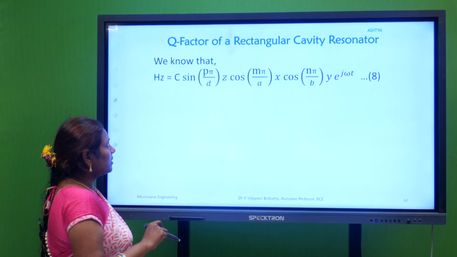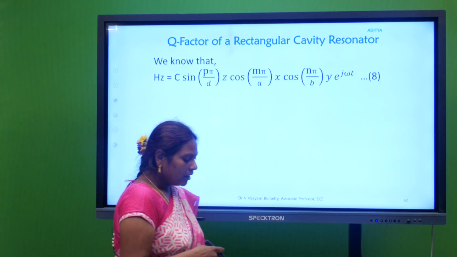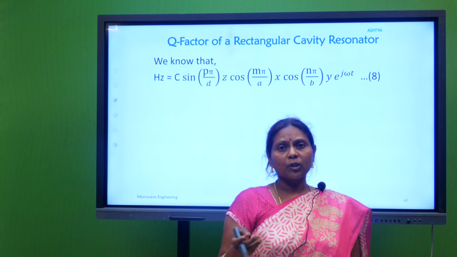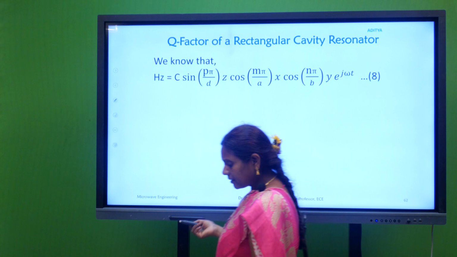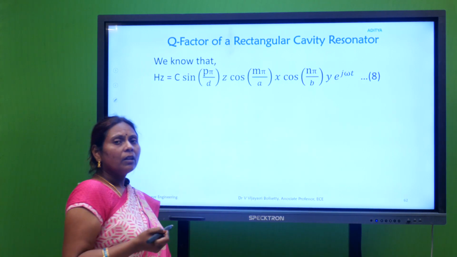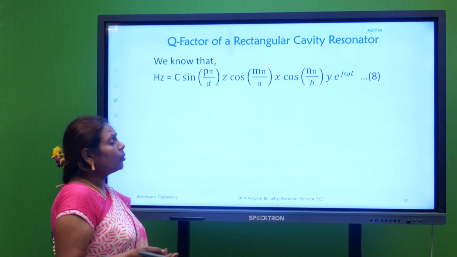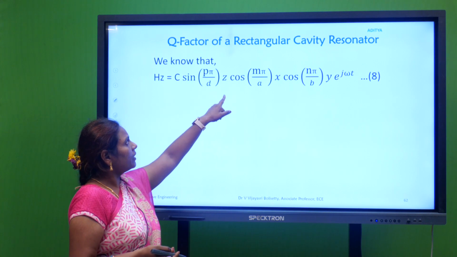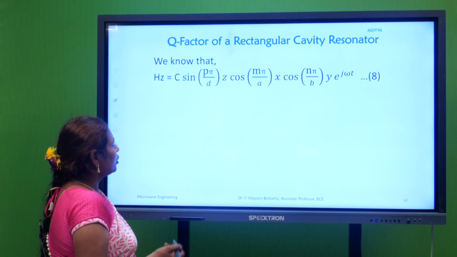So first let us see the Q factor of a rectangular cavity resonator. For this, let us see what mode is propagating through this rectangular cavity resonator, and let us consider it is a TE mode. As it is a TE mode, Ez is equal to 0, and we know that Hz is equal to C sin p pi by d z, cos m pi by a x, cos n pi by b y, e power j omega t.